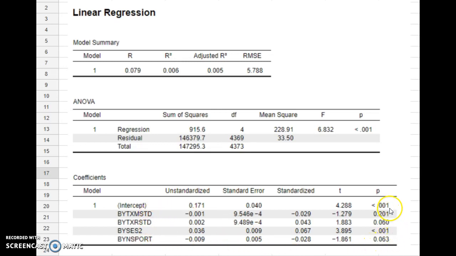So you can look over here at the p-values to see which ones were statistically significant predictors after controlling for the others. And here we can see our lowest p-value is the socioeconomic status. So the socioeconomic status is the best of these four predictors in terms of predicting how likely a student is to volunteer. And that could go either way, right?